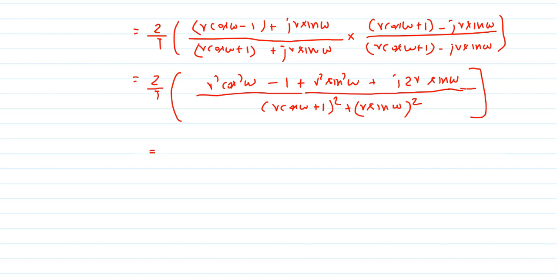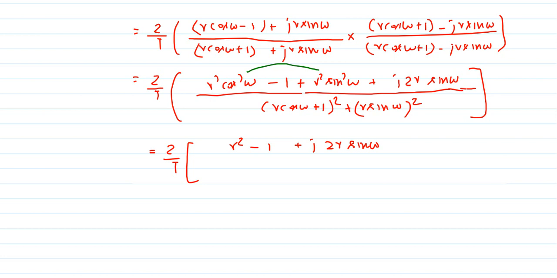Now we'll be further coupling terms as well as expanding terms. Here we can couple these two terms together: r² (cos² + sin²), and we know that cos² θ + sin² θ is equal to 1, so we can write this as r² − 1 + j 2r sin ω.